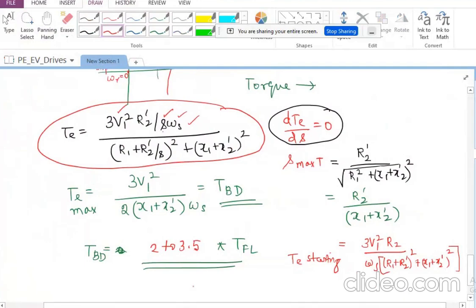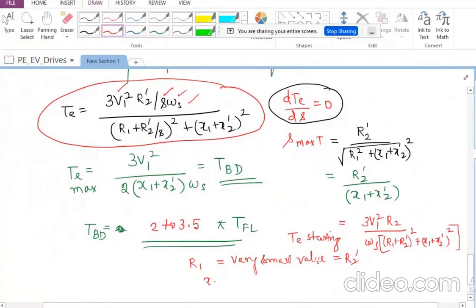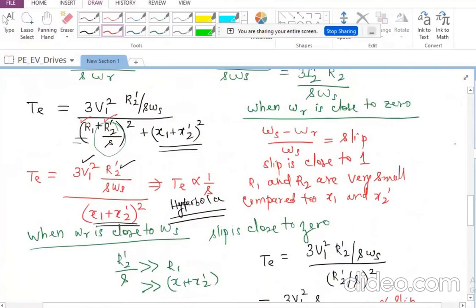And if you look at it, R1 is a very small value. So also is R2. And the same thing is going to happen for X1 and X2 dash. These are also small. We already wrote the expression for the current somewhere.